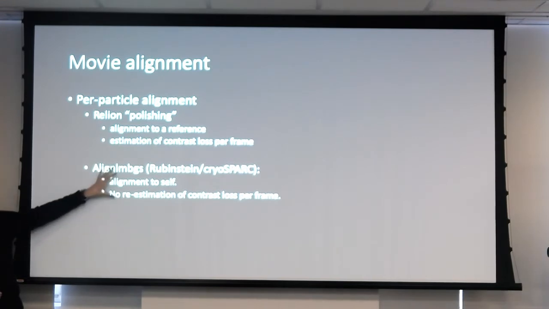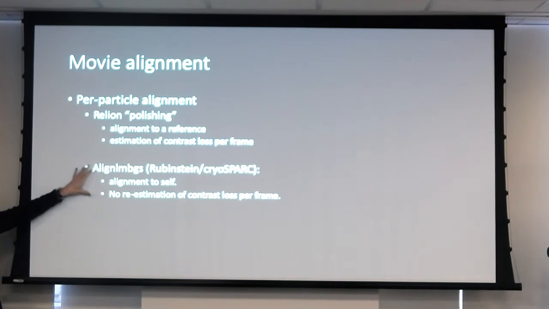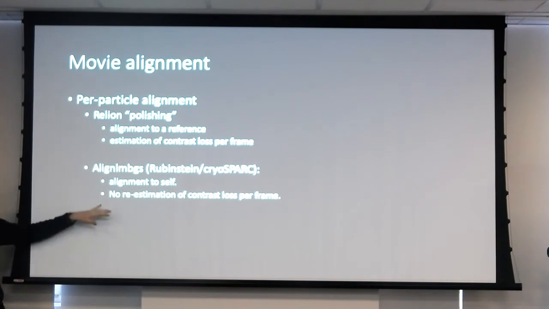Now, another aspect of this, which I forgot to mention in the previous step, is that this does not re-estimate the contrast loss due to movement of your particles in different frames or due to radiation damage. It has a single model and it applies to that model.